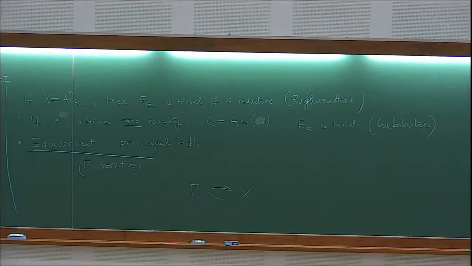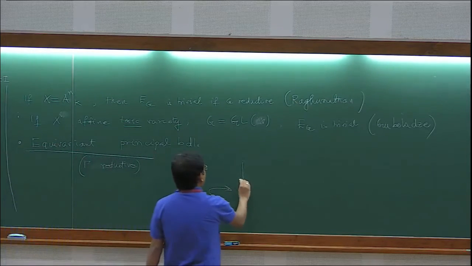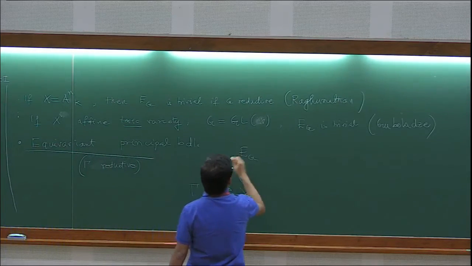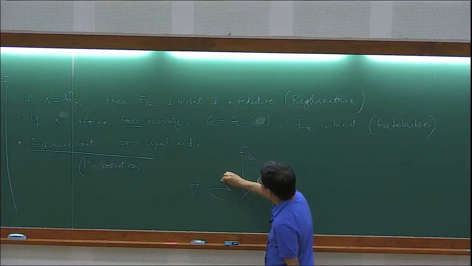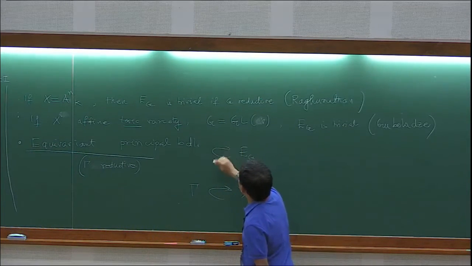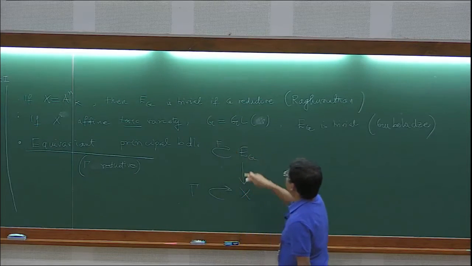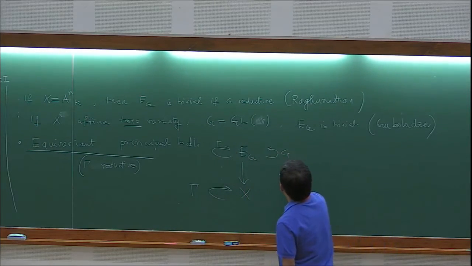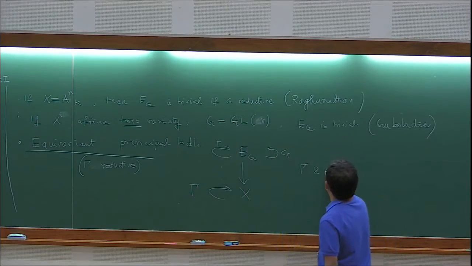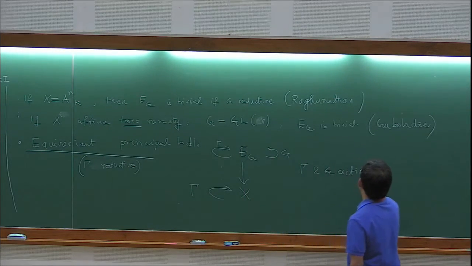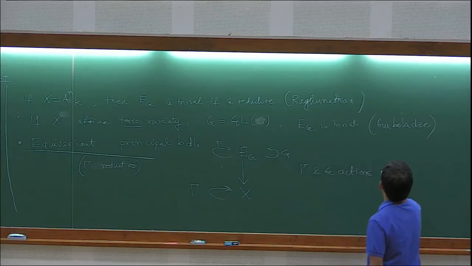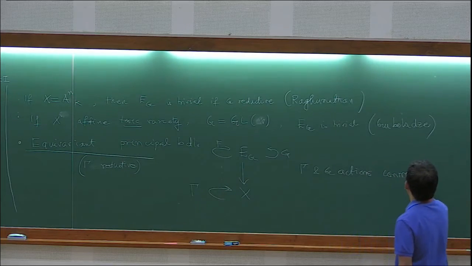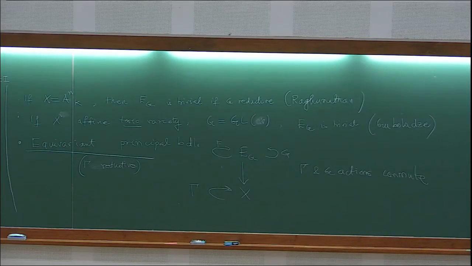I'll only talk about reductive groups. Again you have a principal G-bundle, and you have a lift of the gamma action on the principal bundle, and the gamma and G actions commute. This is the definition of a gamma-equivariant principal G-bundle.